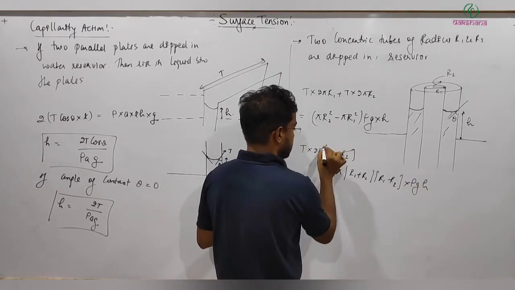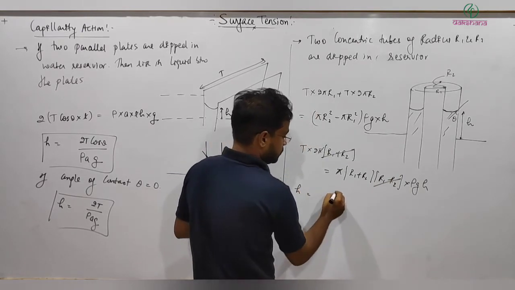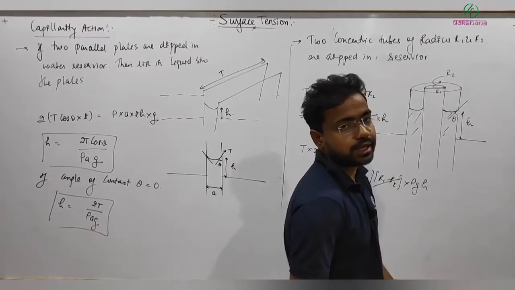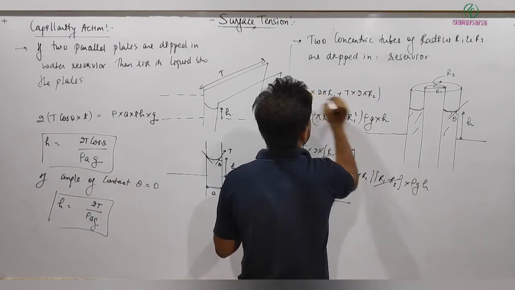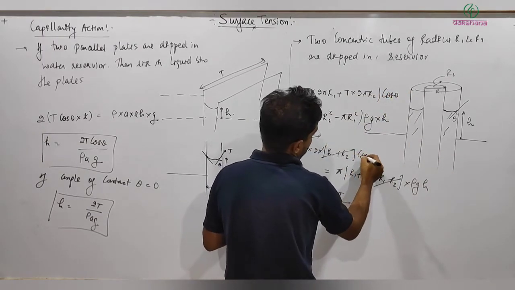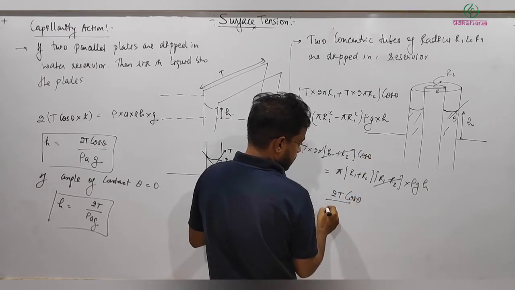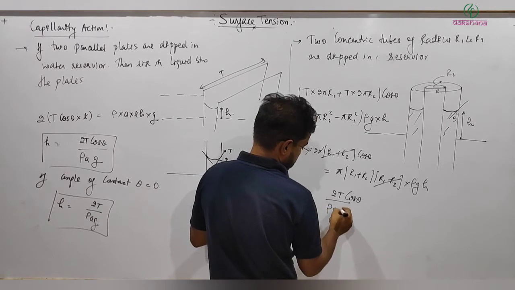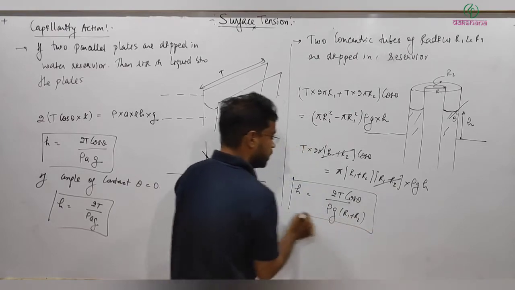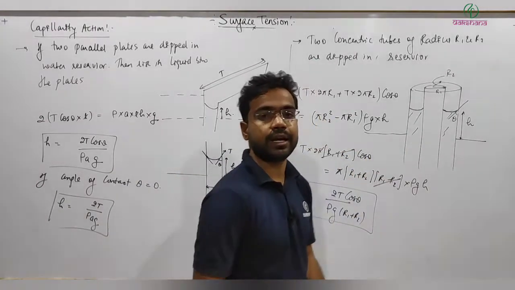So the pi cancels, and h here comes out to be 2T divided by, and one more thing, if we are taking the angle theta, then this will be multiplied by cos theta, so cos theta divided by rho g into R1 plus R2. This will be the height of the liquid column, and this is also acting just like a capillary.